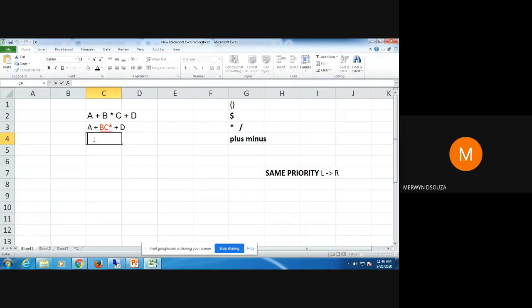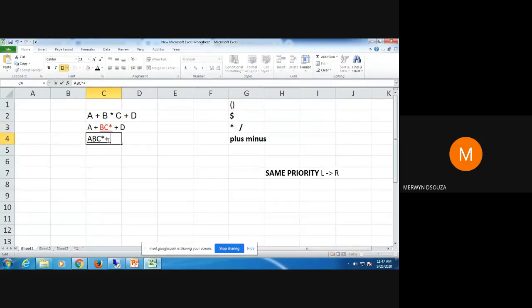When I solve it, since it's postfix, plus will go behind this. You will get A, B, C, asterisk, plus. Underline it, you have solved this part, and the remaining part, plus D, write as it is.